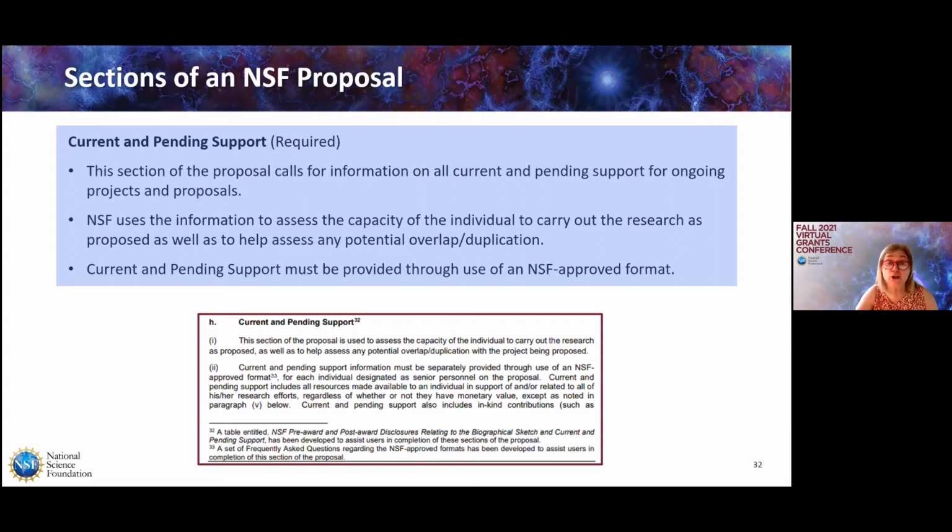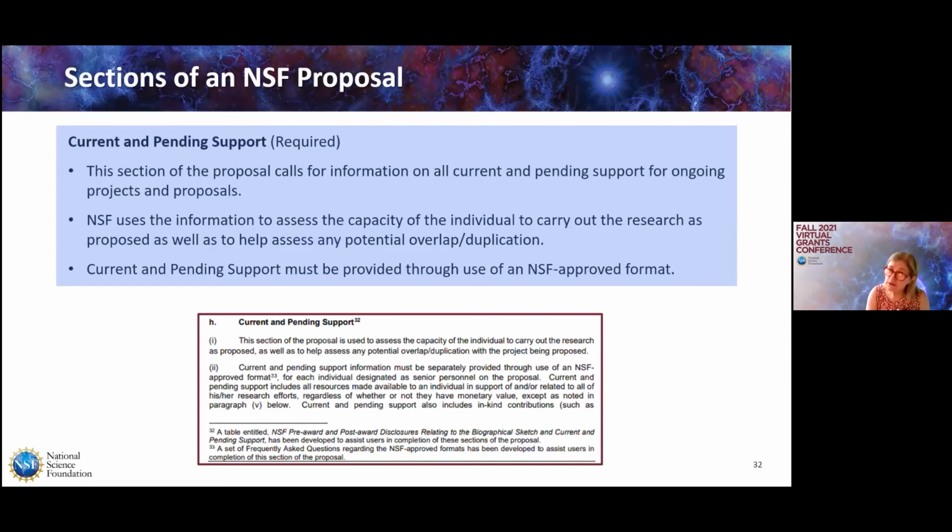And it includes all resources made available to an individual in support of and or related to all of his or her research efforts. We go through and provide a lot of detailed information describing to you how this information is used, again, to assess capacity and overlap duplication, but also what kinds of information should be included in your current and pending support.